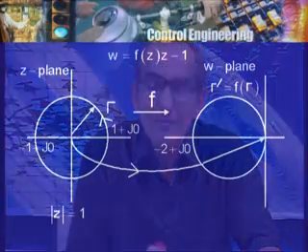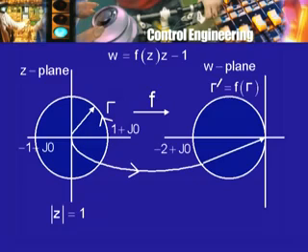Therefore, you can see now that this circle gamma will be mapped into a circle gamma prime, or as I said, we can call it f of gamma. It is called the image of gamma under the function f. As this curve gamma is traversed in this counterclockwise direction, the curve gamma prime or f gamma will also be traversed in the counterclockwise direction, and the circle is mapped into a circle.